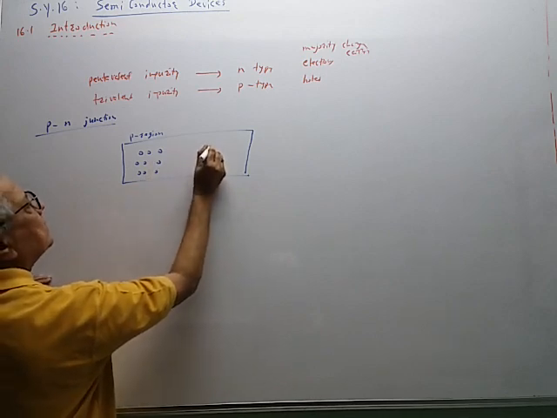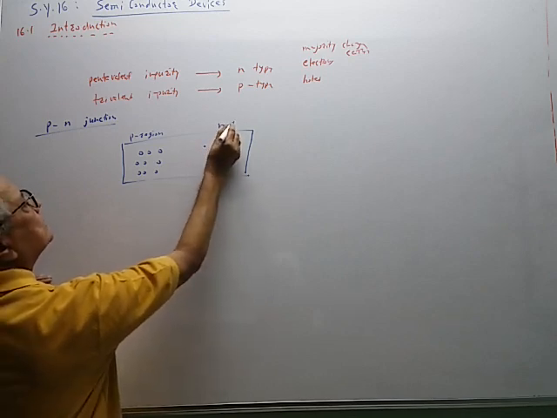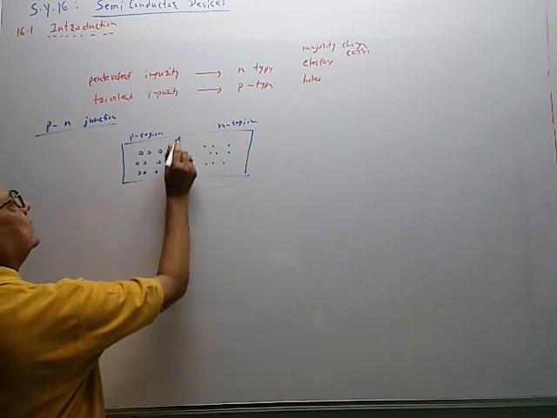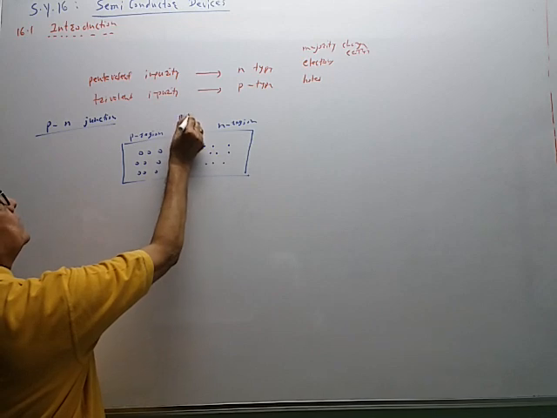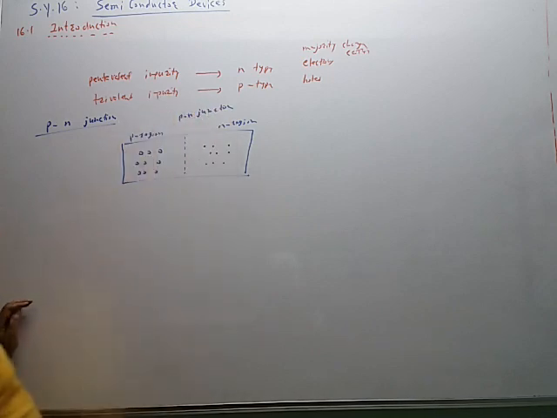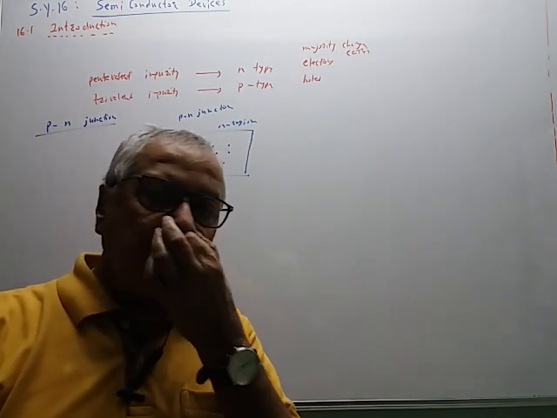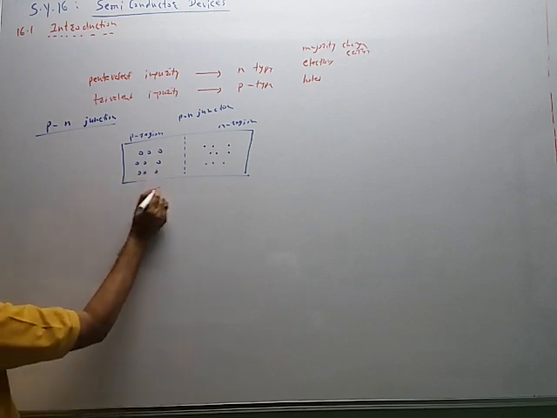In the remaining part, pentavalent impurity is doped. So this is a partial doping. So this region has the property of n region, and this imaginary boundary of separation between them is called the PN junction.